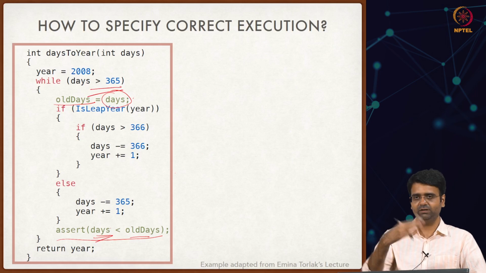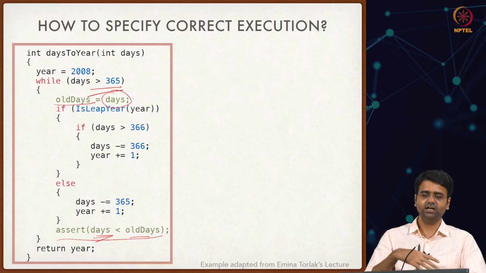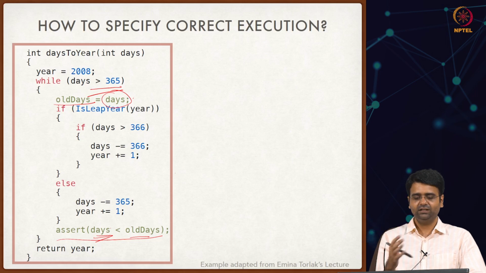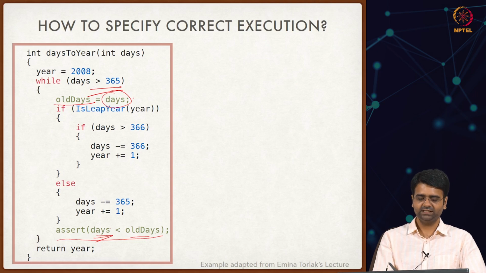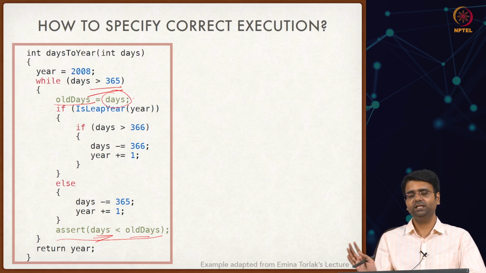Even if you started with a very big value of days, after every iteration you are going to keep steadily decreasing the value of days. Eventually this condition is going to fail. So if this assertion is true, then my loop is definitely going to terminate, which means that the program will definitely not get stuck.